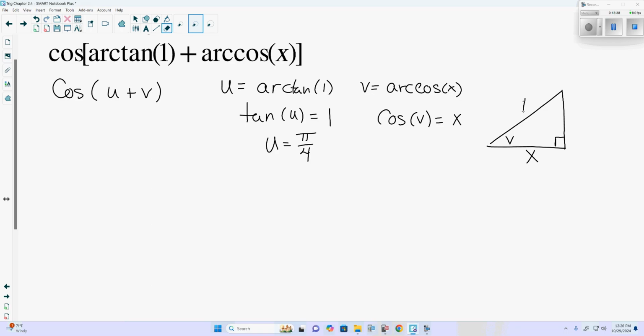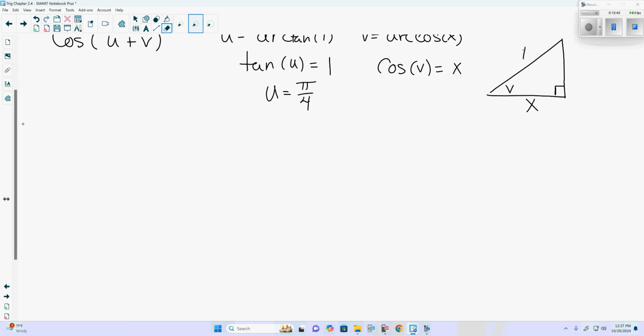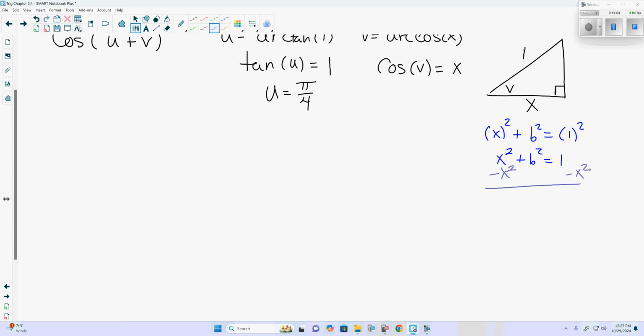Now we need to find the third side of this triangle. Well, Pythagorean theorem, a squared plus b squared is equal to c squared. So we're saying x squared plus b squared is equal to 1. Now at this point, we can subtract x squared from both sides, telling us that b squared is equal to 1 minus x squared.